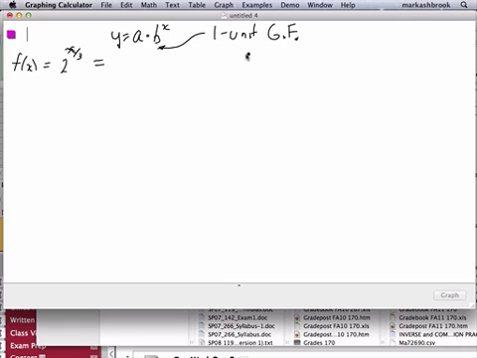Because that corresponds to a change of 1 unit of... There's no time in this. You keep saying time. There's no time. What is it? 1 unit of what? X.